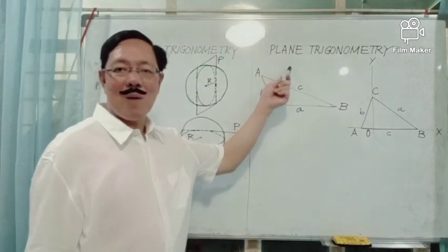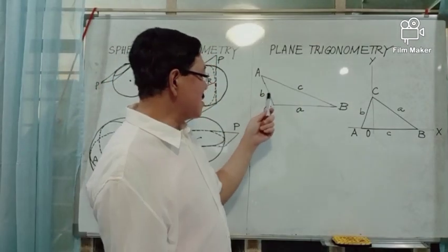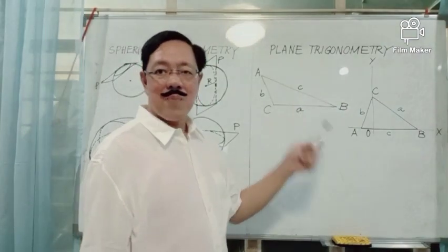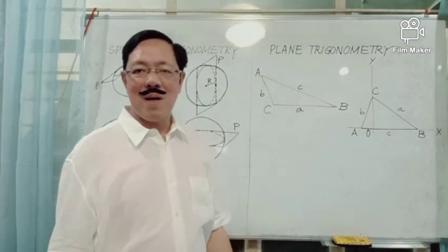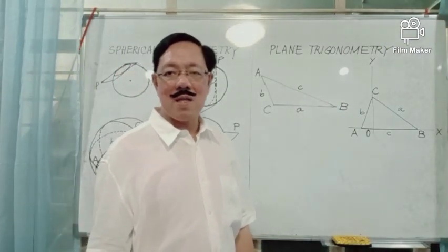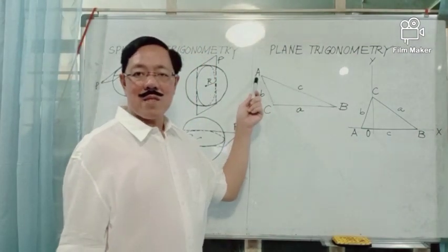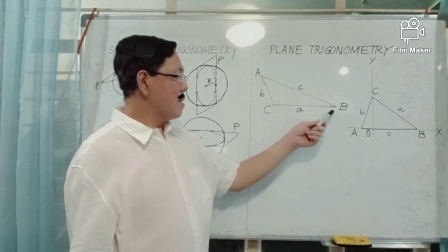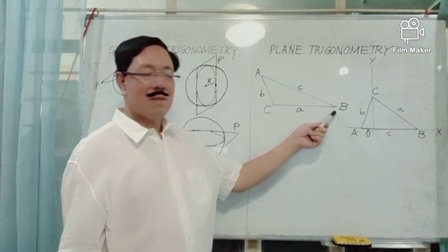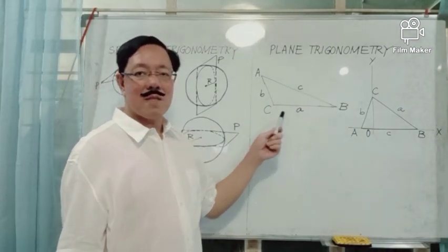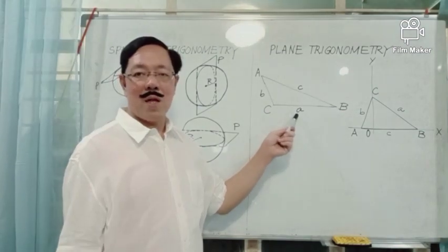In plane trigonometry, the three sides of a plane triangle are denoted by small letters of the English alphabet. The side opposite angle A is this line segment through the vertices B and C, whose length is small a.